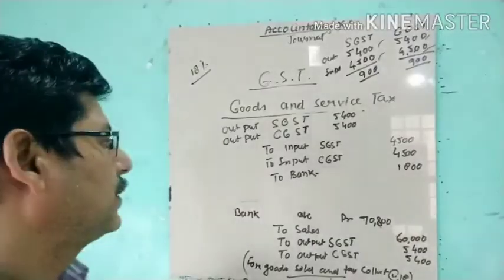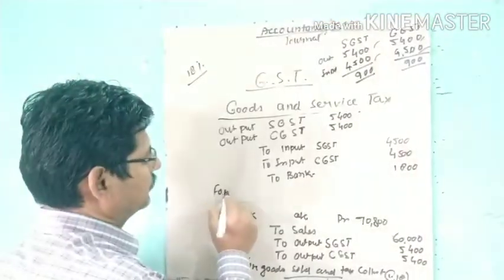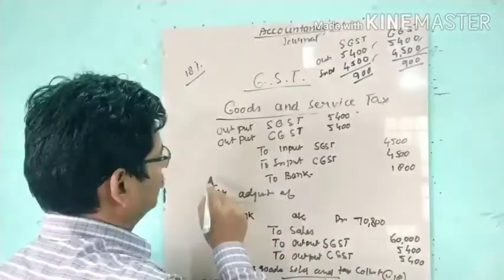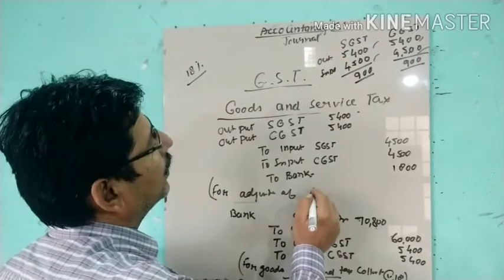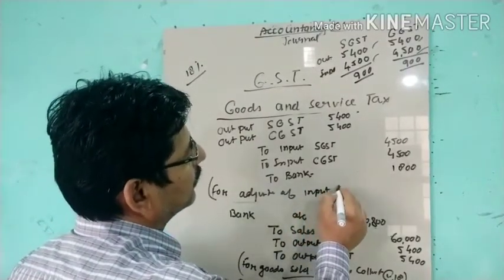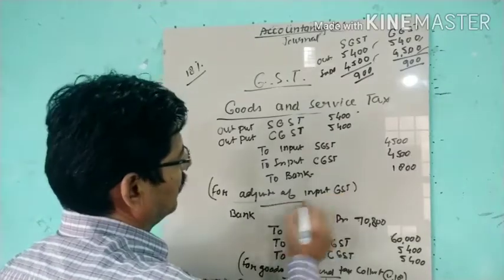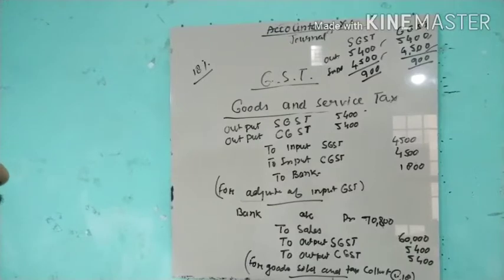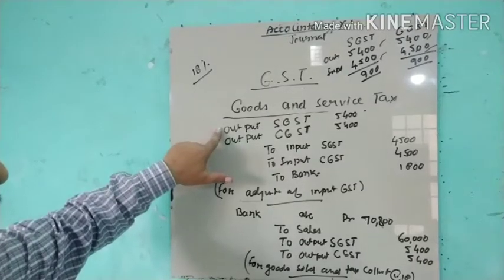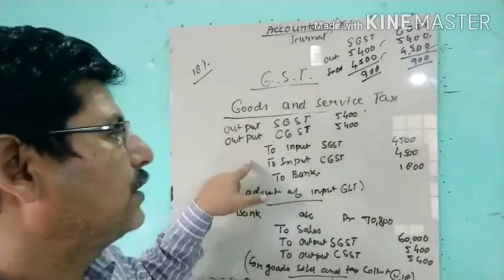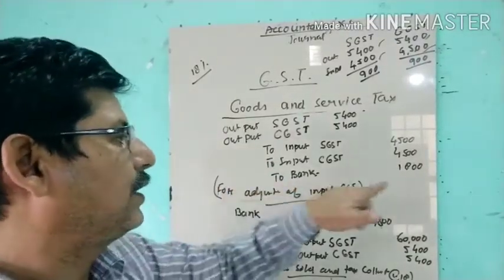So for the adjustment of input GST, or we can put it individually also. In that case it would be: output SGST 5,400 to input SGST 4,500 to bank 900.